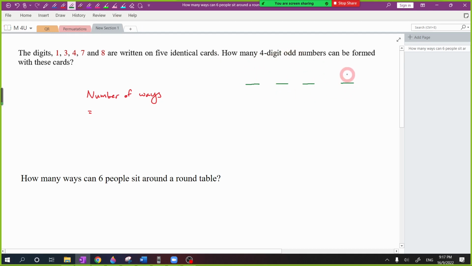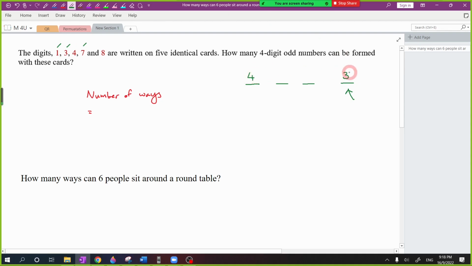In order to form an odd number, here we need to put an odd digit, right? How many odd numbers do we have? 1, 3, 7. So we have 3 choices, so we write 3. In total we have how many numbers? 1, 2, 3, 4, 5. We have 5 cards. Once we have selected 1 here, we have 4 left, so 4 choices here.